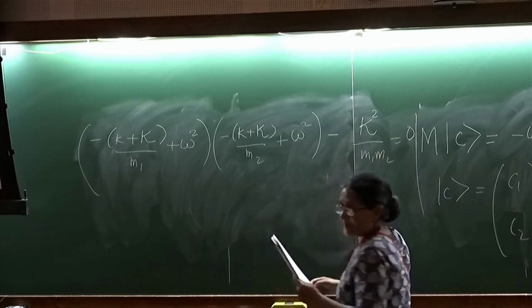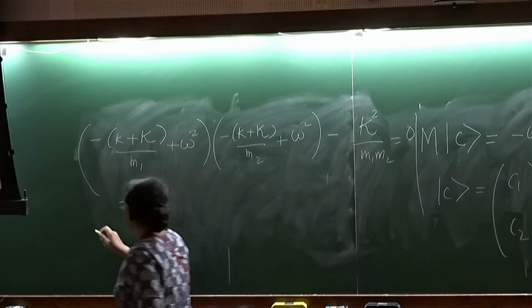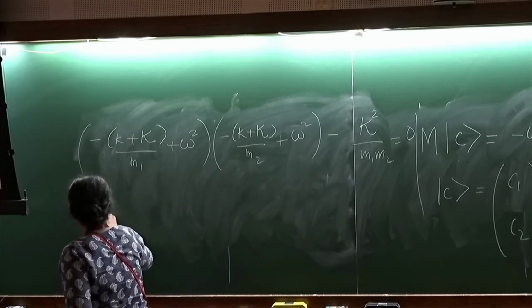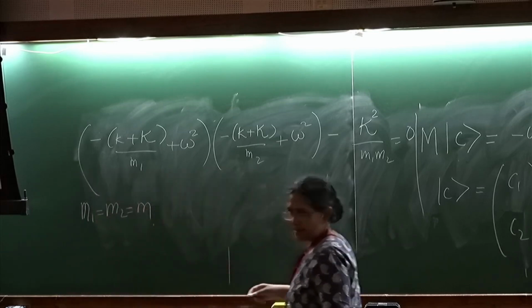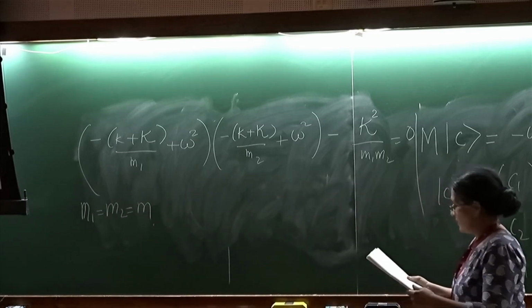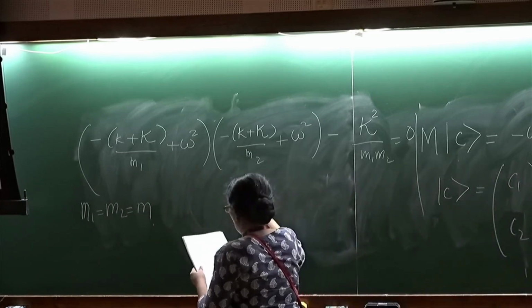And you can check for yourself. For us, one interesting case is M1 equal to M2 equal to M, because this is a case that we have already done. So let's check if that is borne out. In fact, this is what you would get in that situation.